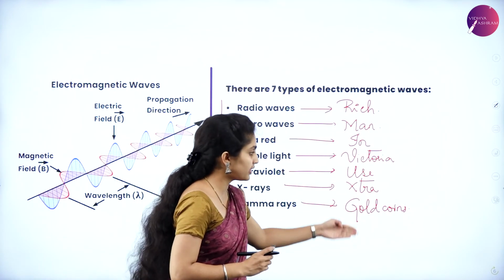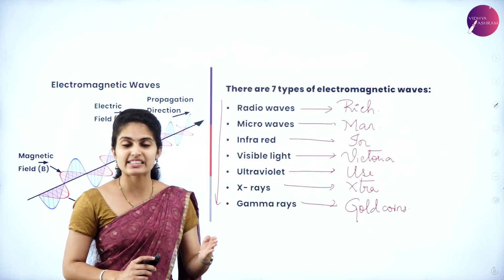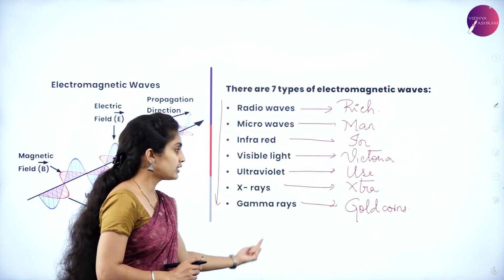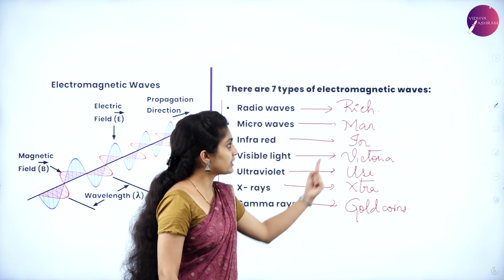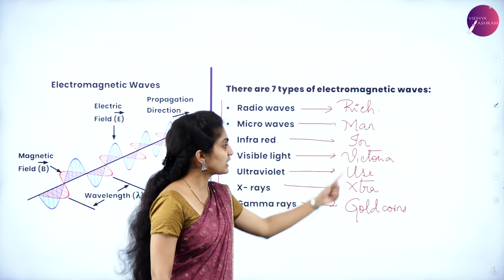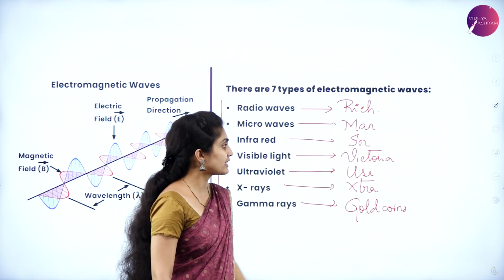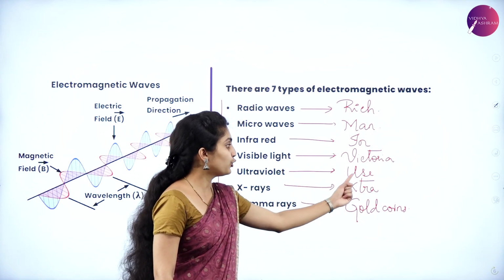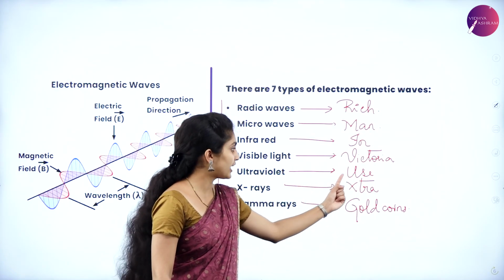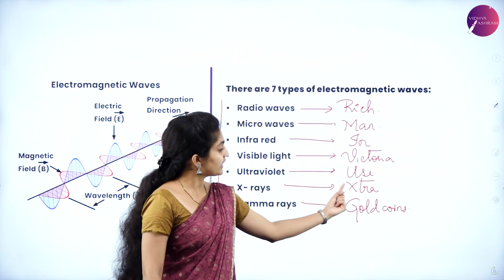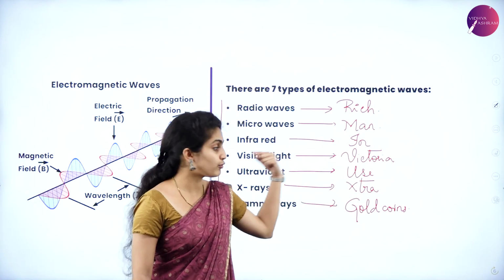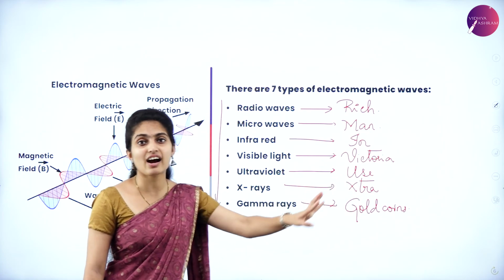If you remember this sequence, it is very easy for you to name the spectrum of radiations. R for radio waves, M for microwaves, I for infrared rays, V for visible light, U for ultraviolet light, X for X-rays, G for gamma rays. It has to be EXTRA, but for you to understand, I am writing XTRA.